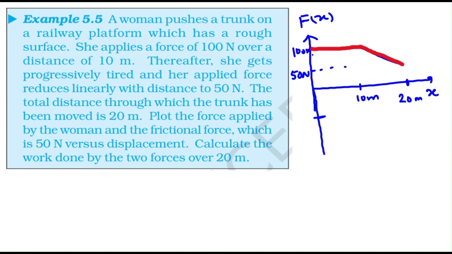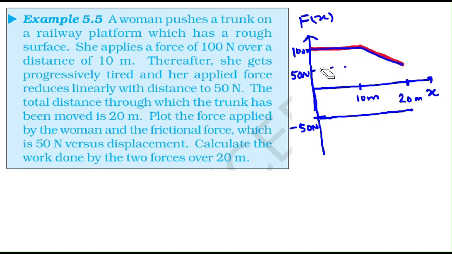If we take this force along the direction of displacement, then we represent friction force with minus 50 Newton. This force is a kind of kinetic friction, and it will be constant up to 20 meters, meaning during its entire journey.